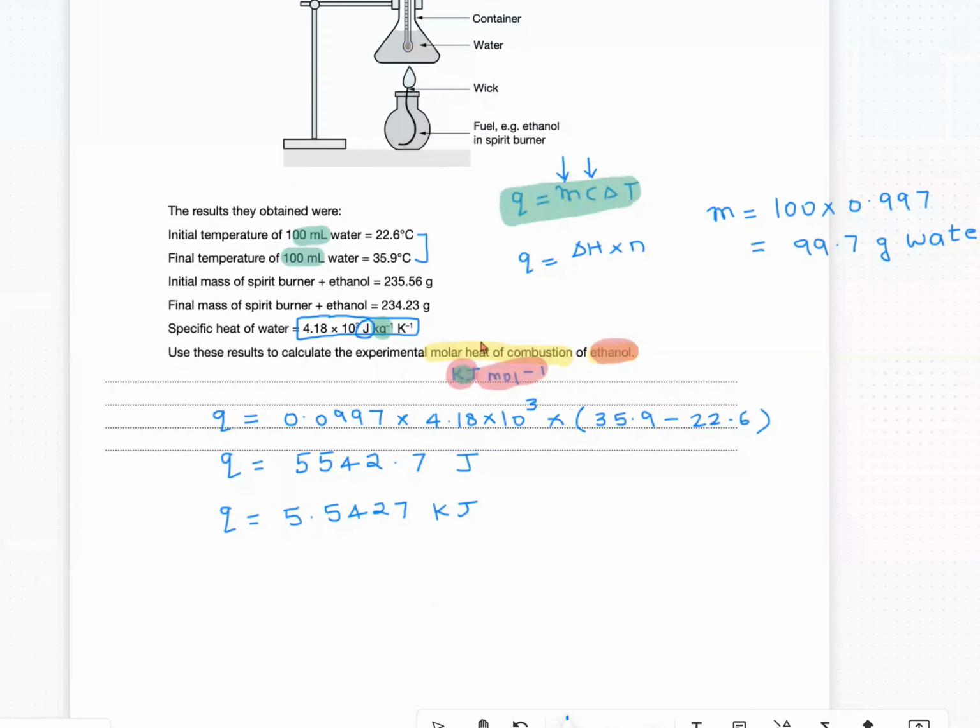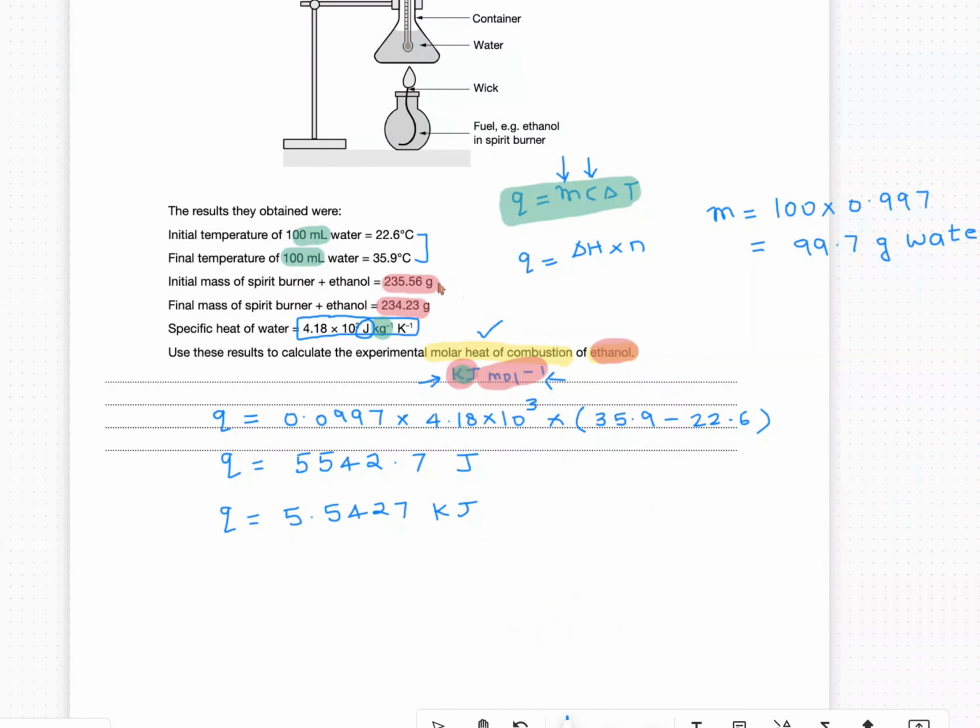We wanted molar heat of combustion. We got kilojoules. We have to divide by the moles of ethanol. For that, we have to find the mass of ethanol which was burned, which was combusted. So you have the mass of burner and ethanol before, and you have the mass of burner and ethanol after. You don't burn the burner, the burner stays the same.